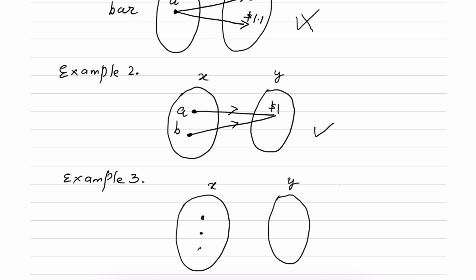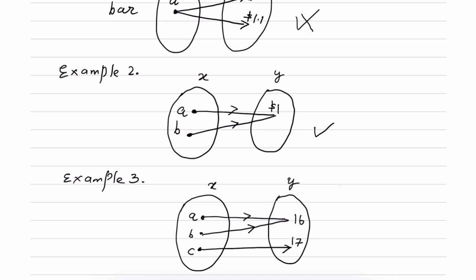Let's say we have three people, A, B, C, and they are associated with the number 16, which is their age, and C is associated with a number which is 17.